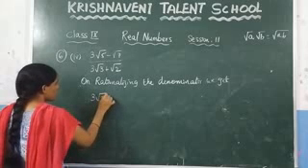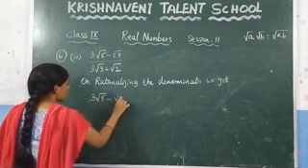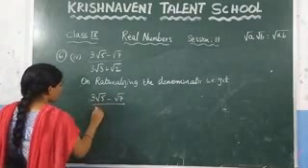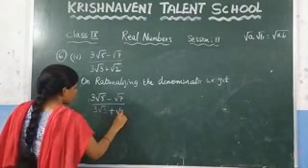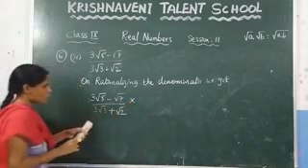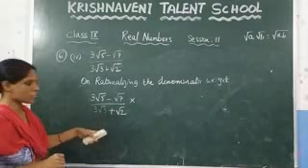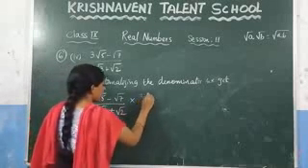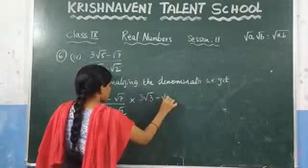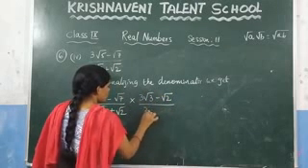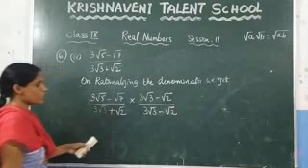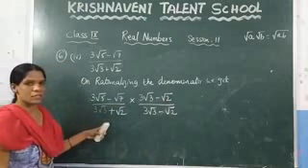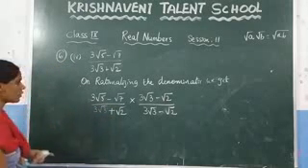The numerator 3 root 5 minus root 7 by 3 root 3 plus root 2. Here by this number you need to rationalize here with 3 root 3 minus root 2. So write it here 3 root 3 minus root 2 by 3 root 3 minus root 2. By using this, we are changing the irrational denominator into the rational denominator.